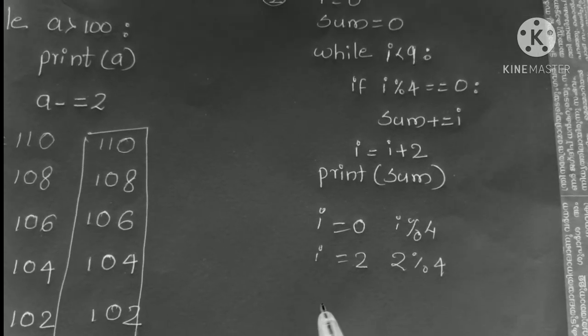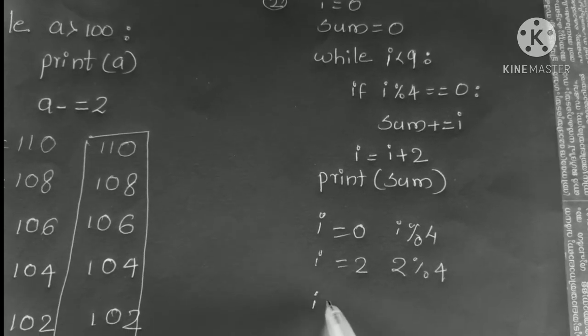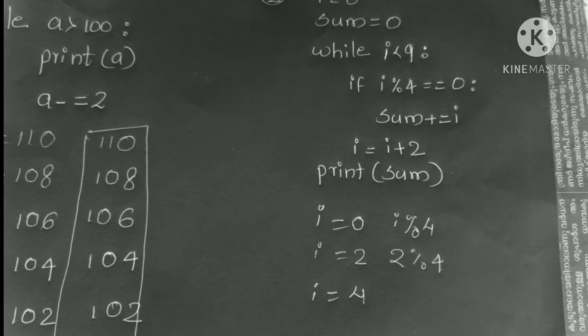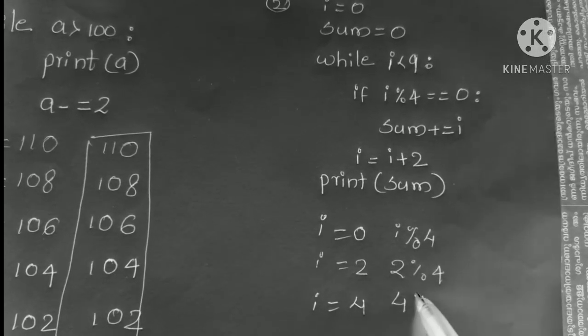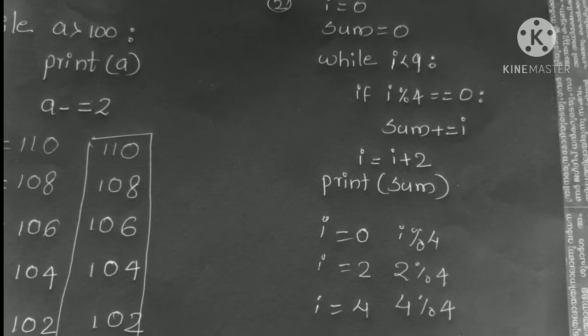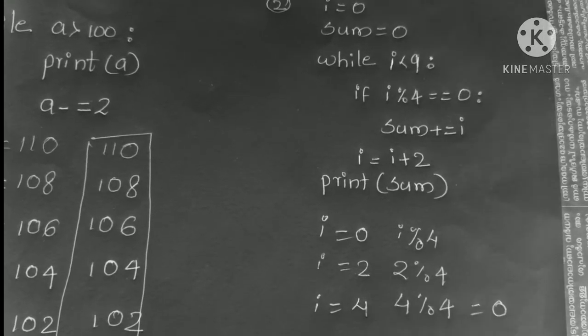Then next iteration, I plus equal to 2, then I becomes 4. Then 4 mod 4, yes, 4 is completely divisible by 4, so this will become 0.